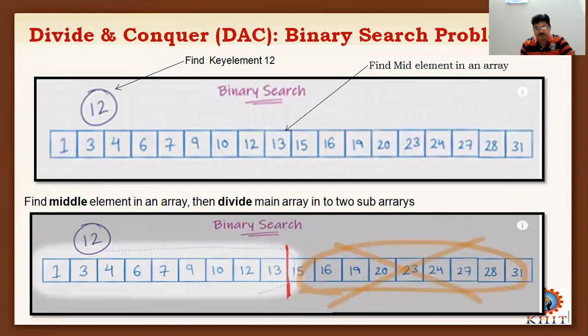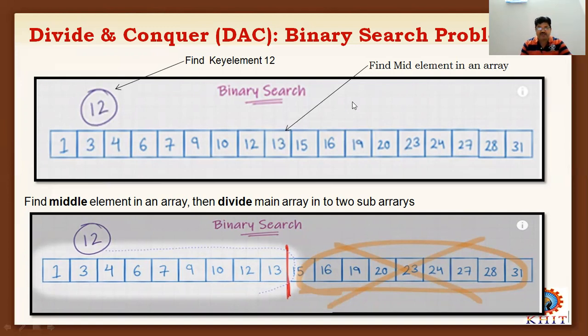Now let us move to another slide. This is the given array. There are 18 elements in the array. We need to find the element 12 among those elements. We calculate the mid element, and 13 is the mid element.